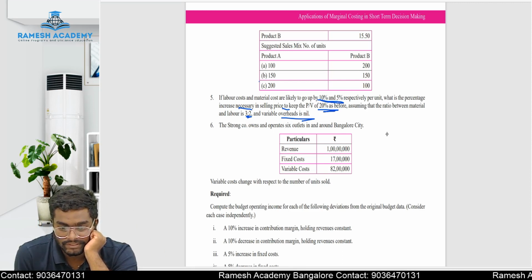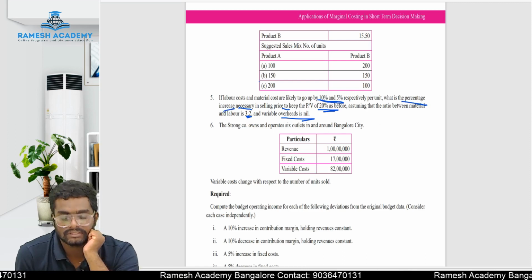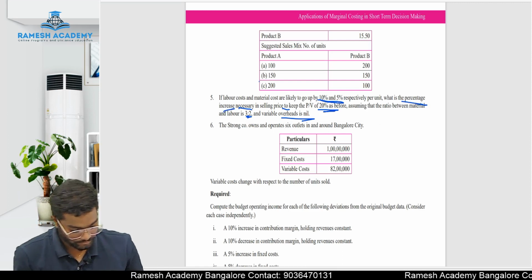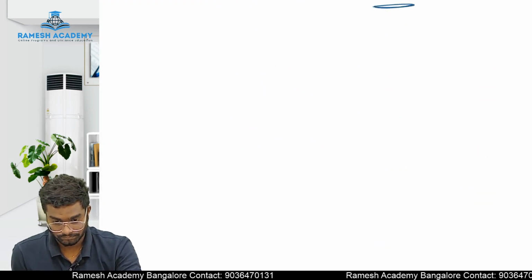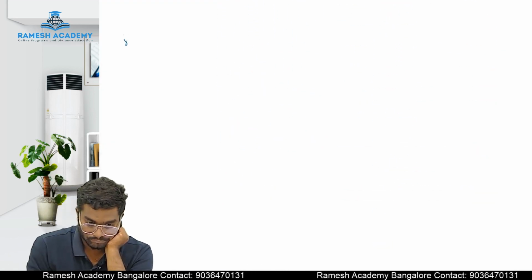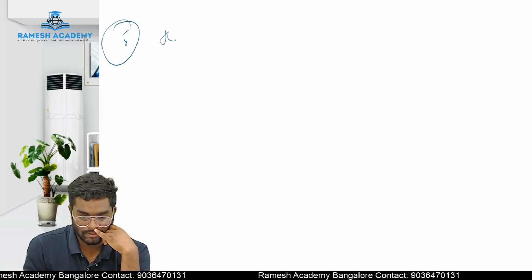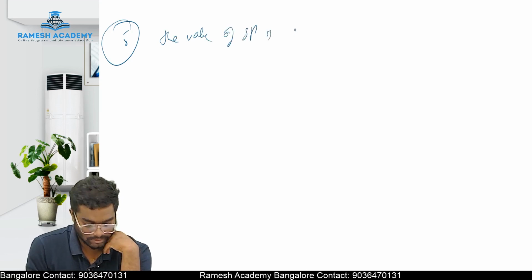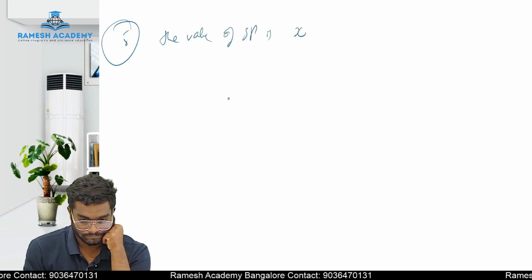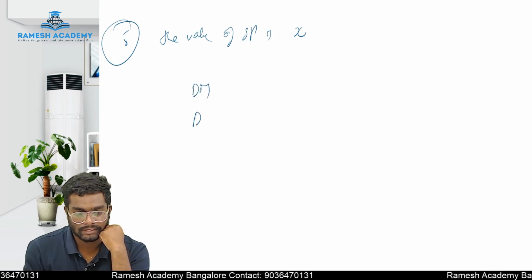So we have to find the selling price. What is the percentage increase in the selling price? So simple, we'll try it out. Currently we will take the value of SP as X. So currently direct material, direct labor.